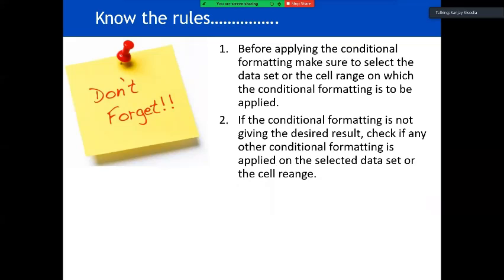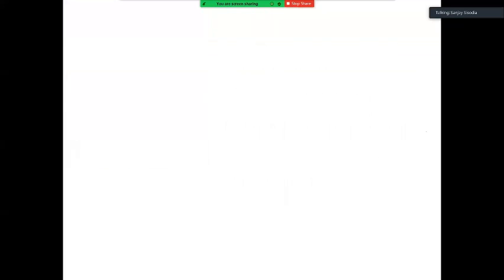Why? Maybe there is some conditional formatting which has already been applied on that particular range or that particular data set. So just to make sure, check if there is any conditional formatting which has been applied already on the range, make sure to remove it.